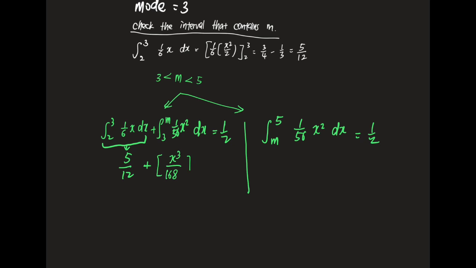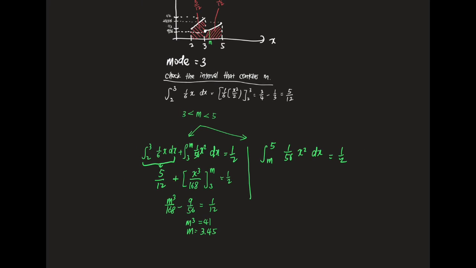Then you just need to solve. m cubed over 168 minus 27 over 168, 9 over 56, equal to 1 over 12, plus 9 over 56 times 168, m cubed equal to 41, m equal to cube root, 3.45.